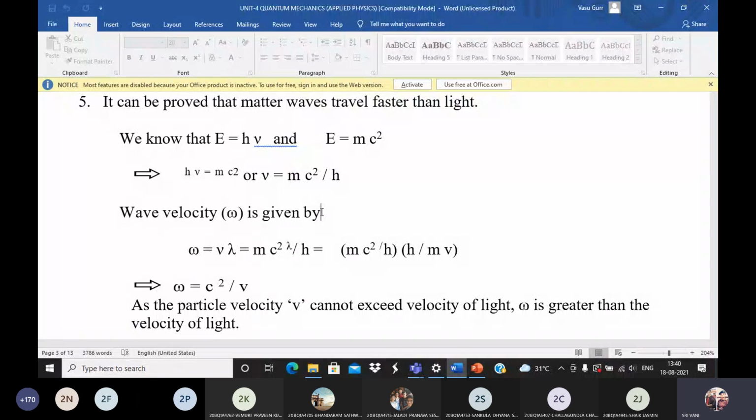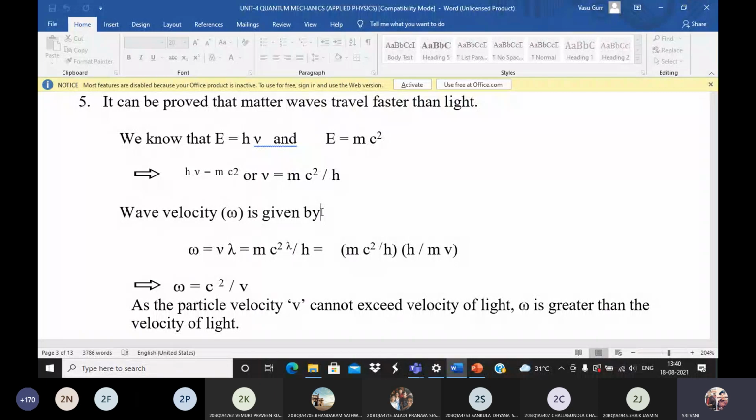That is explained in the form of the uncertainty principle.